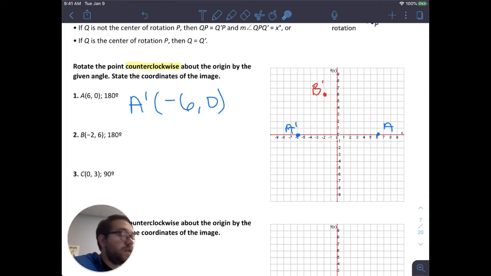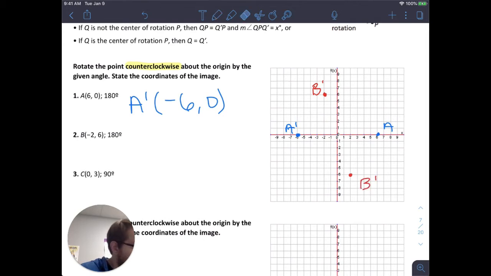So if we rotate this 90 degrees and then 180 degrees, we would get to -6, because if we're still rotating, it's here and then here. Rotated like that. And that would be B prime.